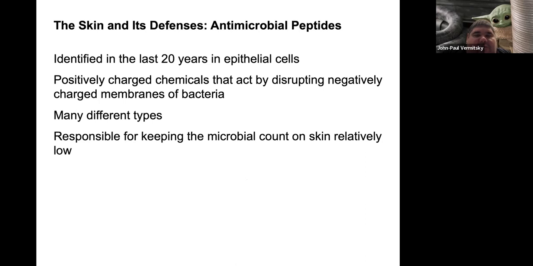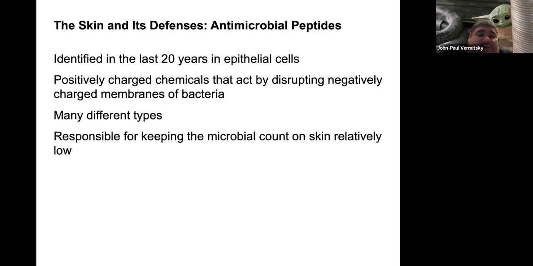So some of your defense mechanisms that can play a role here are what we call antimicrobial proteins or antimicrobial peptides. They've been identified over the past 2 decades, and they are positively charged chemicals that act by disrupting negatively charged membranes of bacteria.